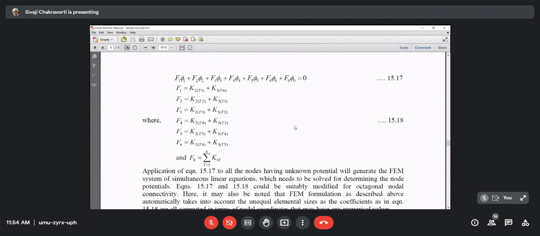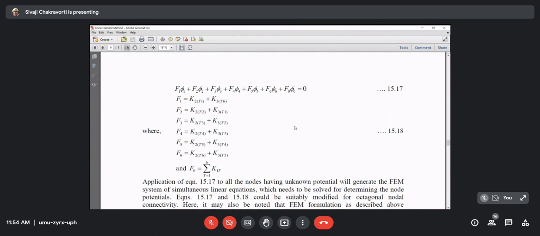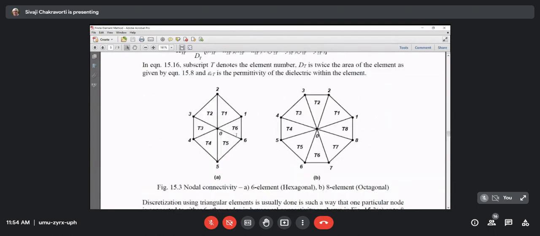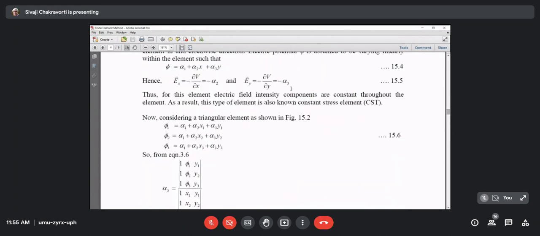Once I get it, then within any triangle, if I know phi 0, phi 1, phi 2 after the solution, then within a triangle T1, what I have to do? I have to use equation 15.4 and I can get the potential at any point.